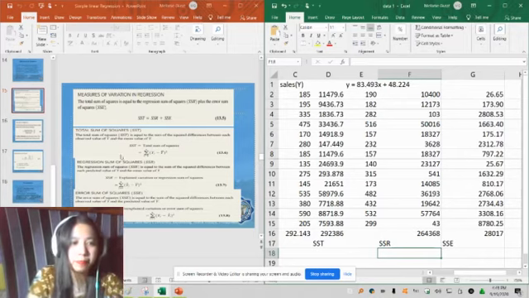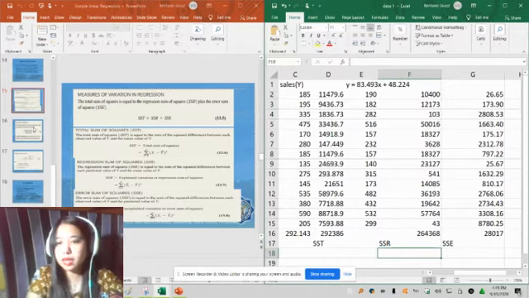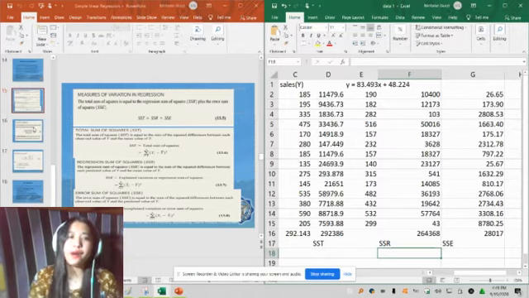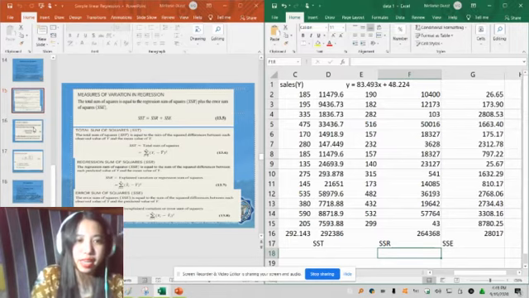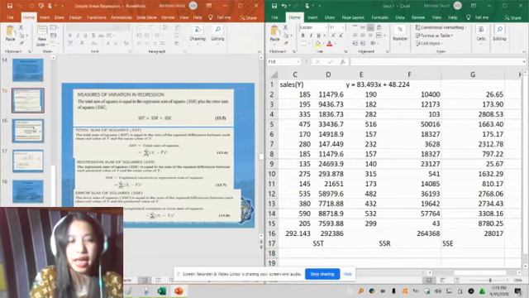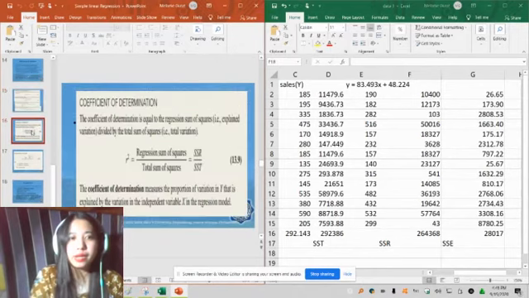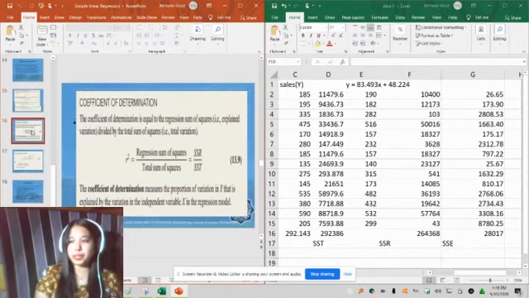Next, what is the use of these values aside from giving us the idea of variations in the regression? So aside from that, we can also compute the coefficient of determination.